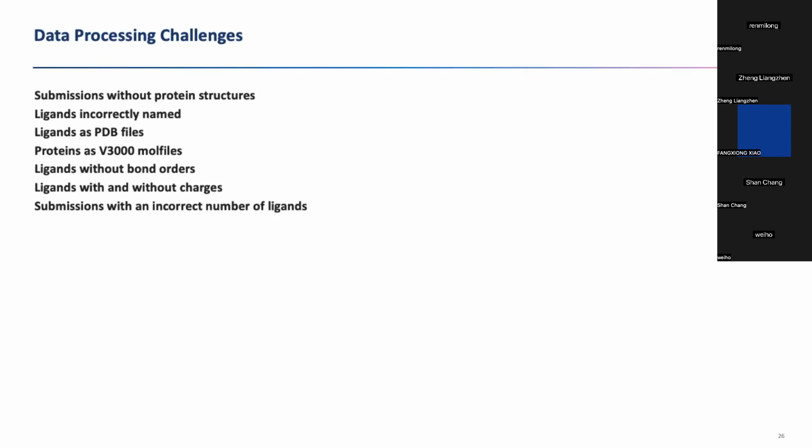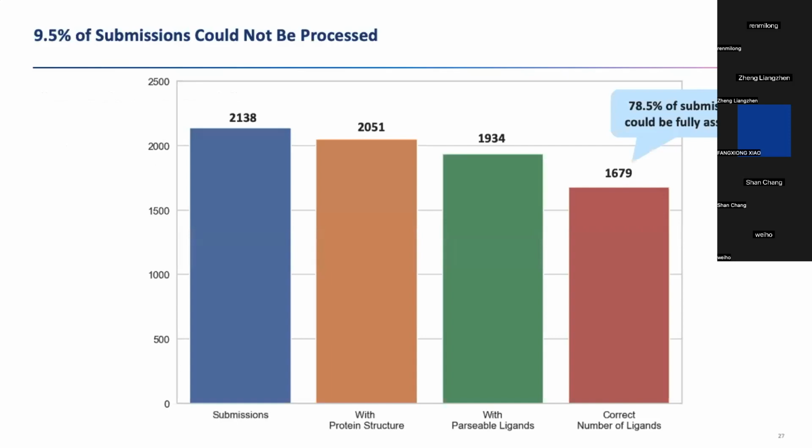Another thing that was really challenging, and I'll get to this in a minute, is not everybody decided to submit poses for all the ligands. Some people just apparently wanted to just do the ions or just do the organics. So again, it made assessment a bit of a challenge.